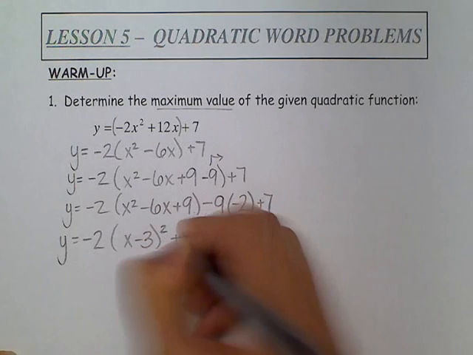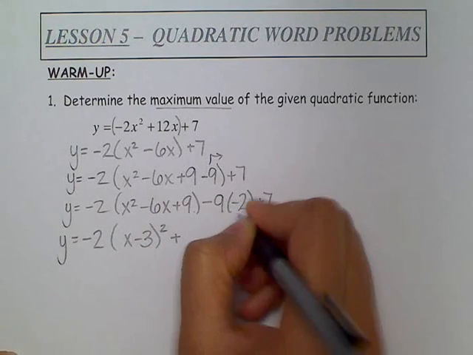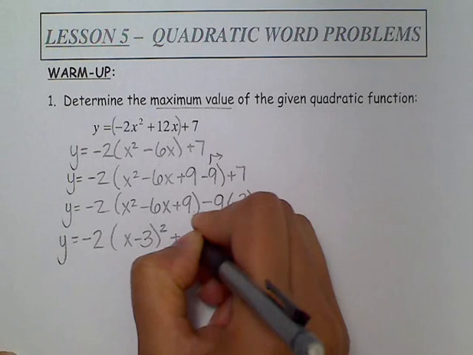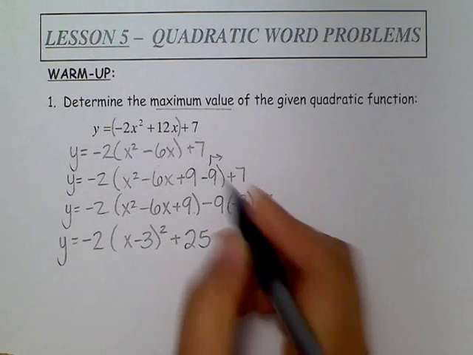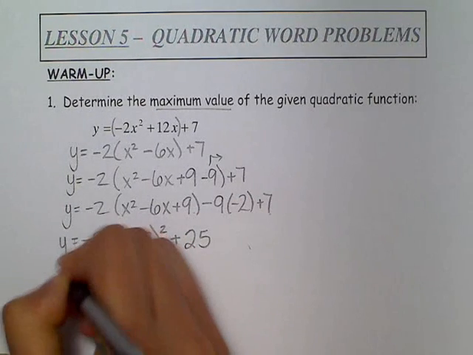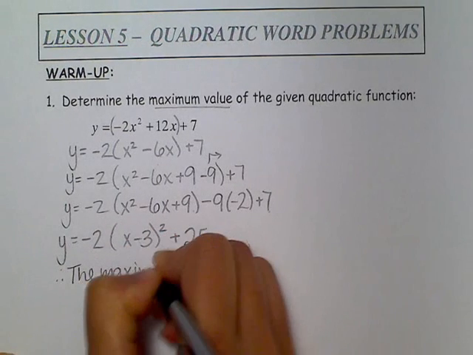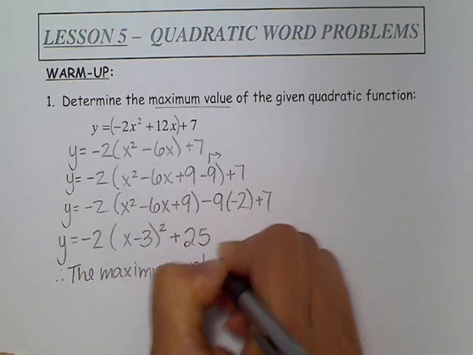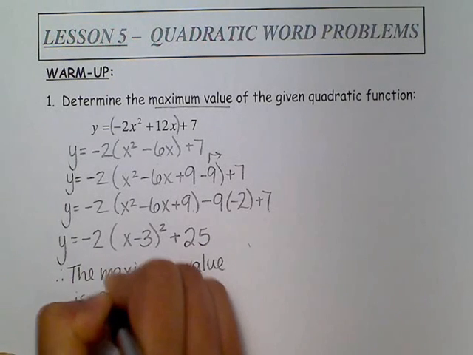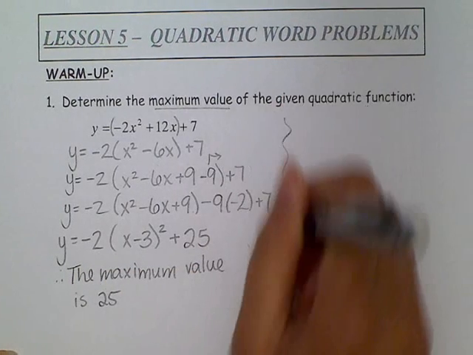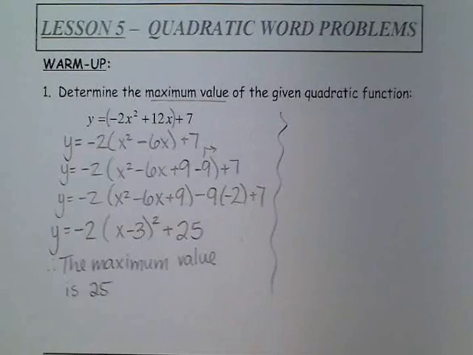And then plus 18 plus 7 is plus 25. Okay, so the maximum value in this case is 25. And I'll show you how to do this using the shortcut as well.